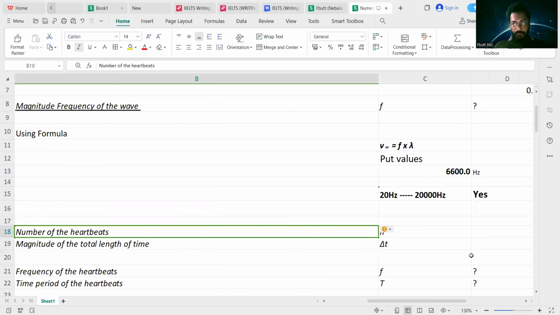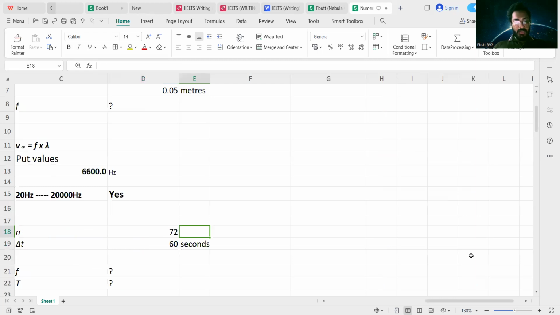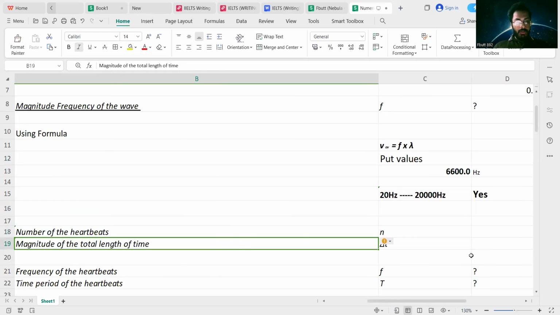As we know very well, there is no unit for number in SI, FPS or CGS systems. So the number of heartbeats is 72, written without any specific unit because there is no unit for number. What else has the examiner given to us?